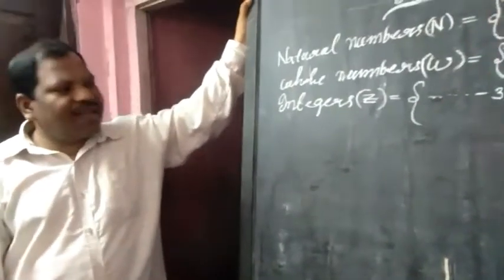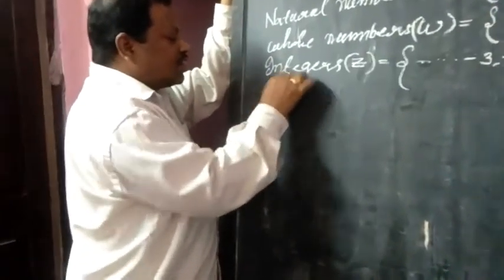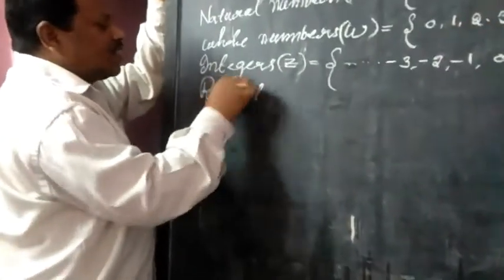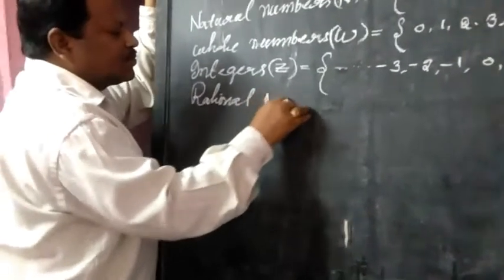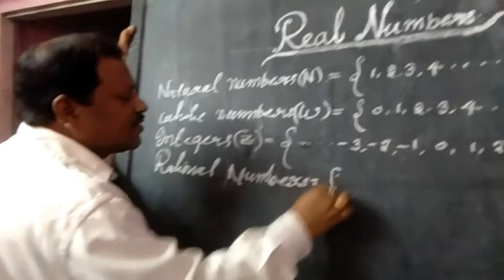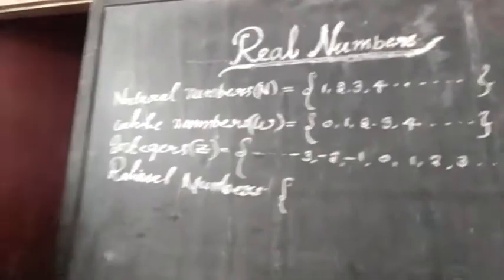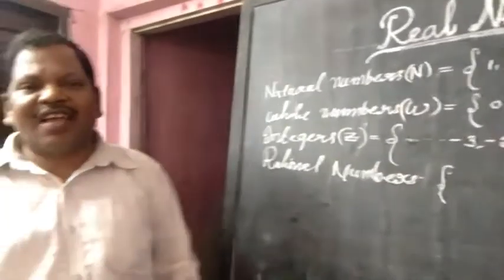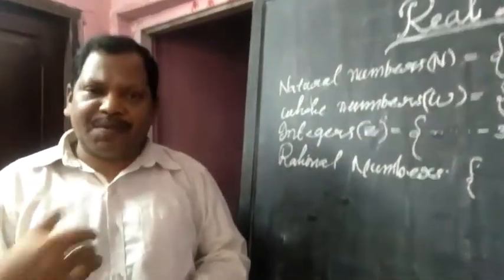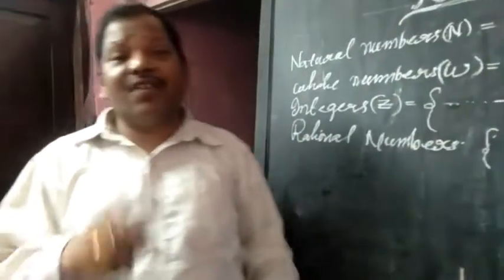Next, rational numbers. A number which can be expressed in the form of p by q, where p and q are integers and q not equal to 0, is called a rational number.